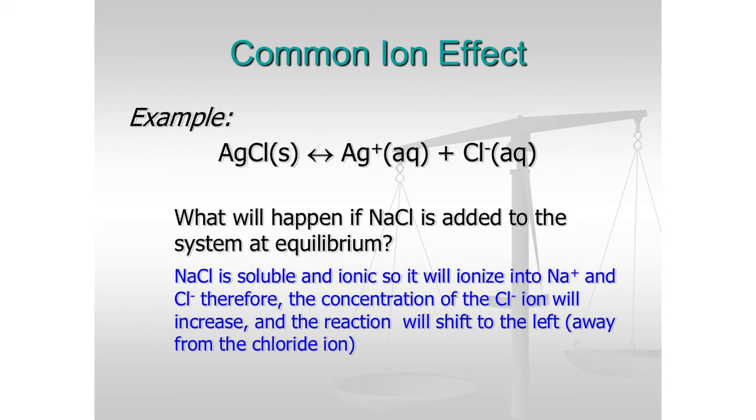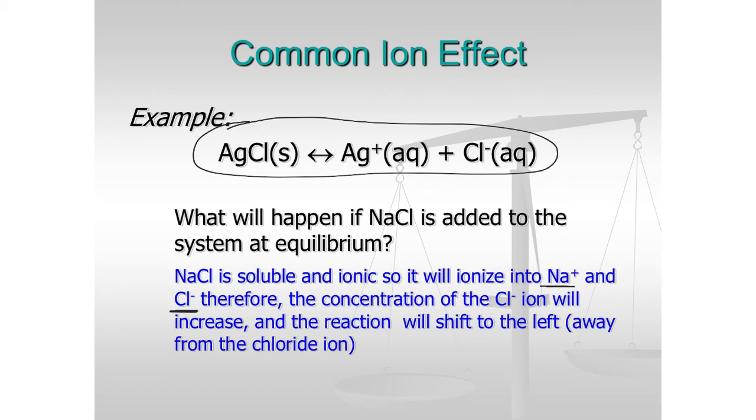All right, so if our original equilibrium is this, if we add sodium chloride to the equilibrium, NaCl is a soluble salt, so it will ionize to make the sodium ion. That will not impact the equilibrium whatsoever, and it will produce the chloride ion. So by adding sodium chloride, it really increases the concentration of the chloride ion.